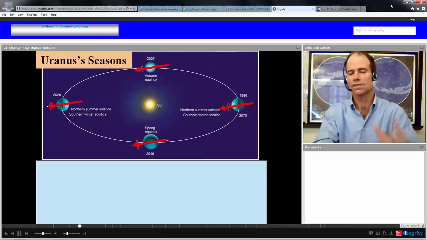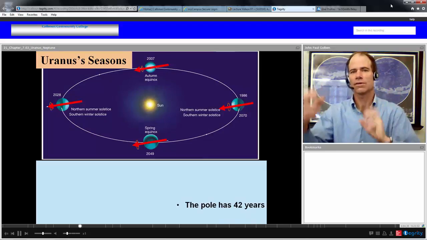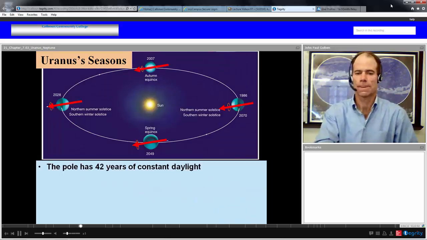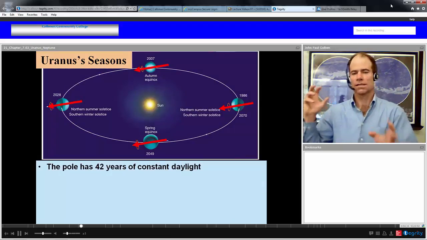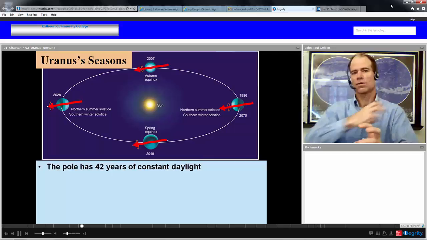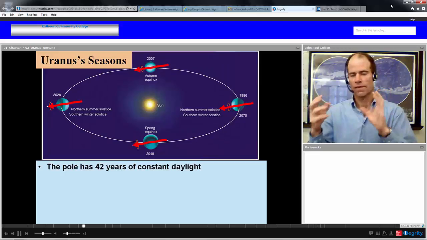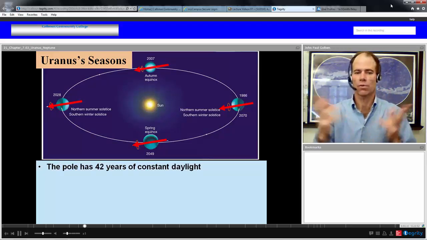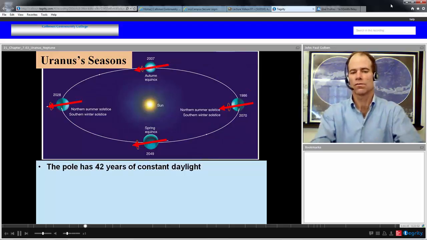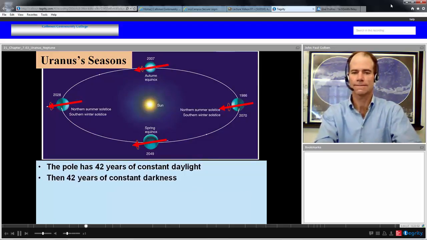So it's tilted over 98 degrees, almost 90 degrees. And hence, in the 84 years that it takes to go around the sun, the pole will spend half that time faced towards the sun, and then the other half faced away from the sun. So there will be 42 years at the pole of constant daylight, and then 42 years of constant darkness.